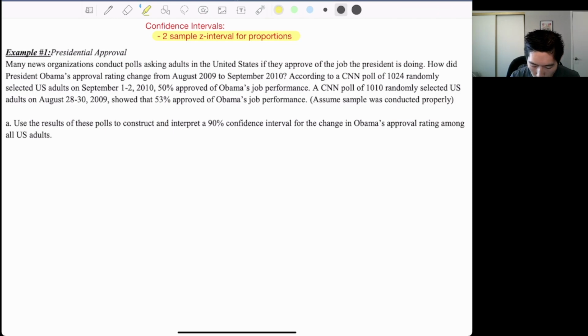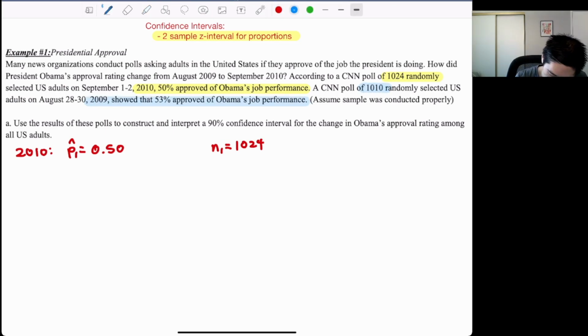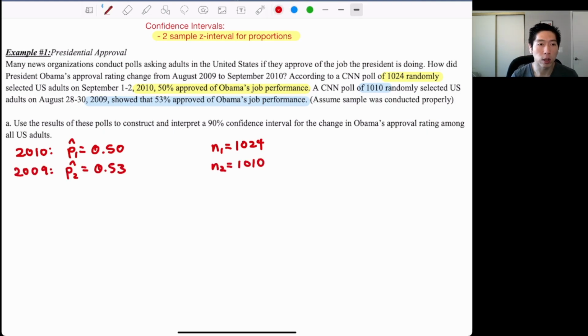In this example, we had a sample proportion of 50% who approved Obama's job performance in a sample size of 1,024. In 2009, we had 53% who approved Obama's job performance in a sample size of 1010. So you can't just type this directly into the calculator. You have to type in the original fraction of the sample.